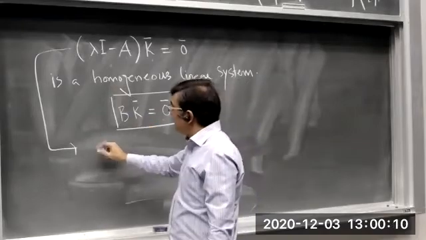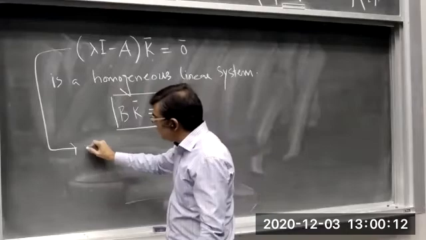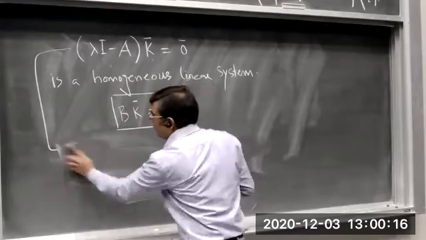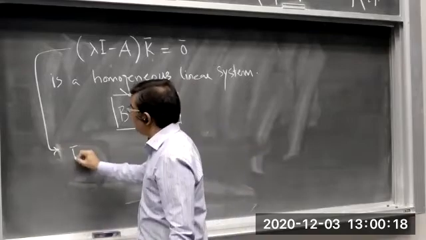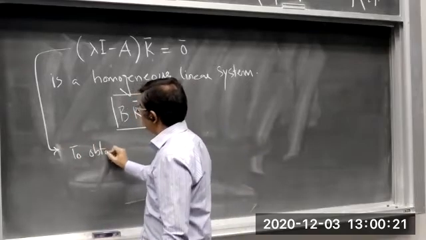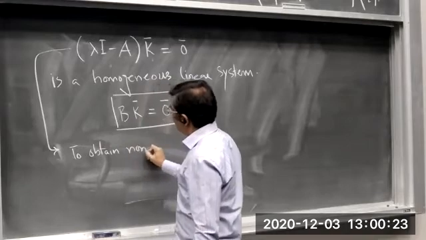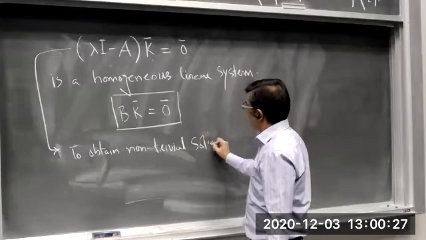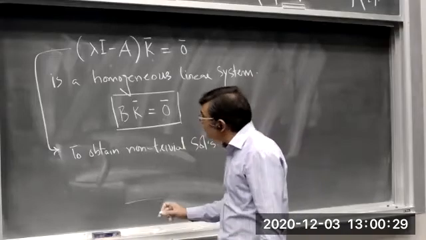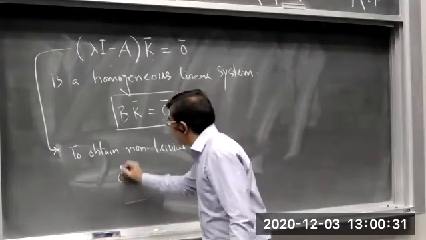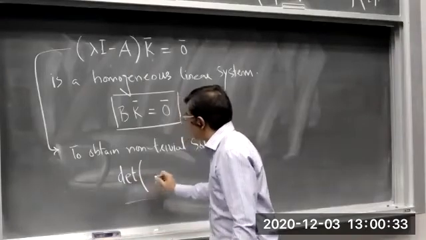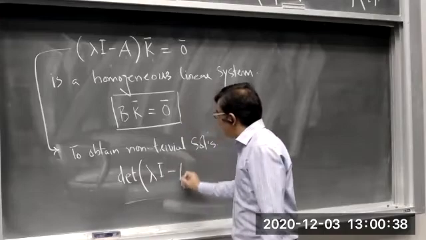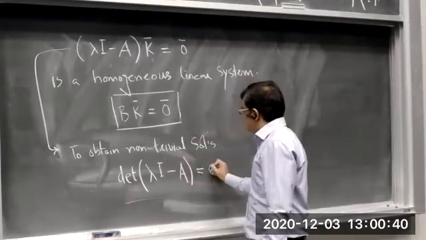In order to obtain non-trivial solutions, what we should have is that the determinant of B, or the determinant of λI − A, must be 0.